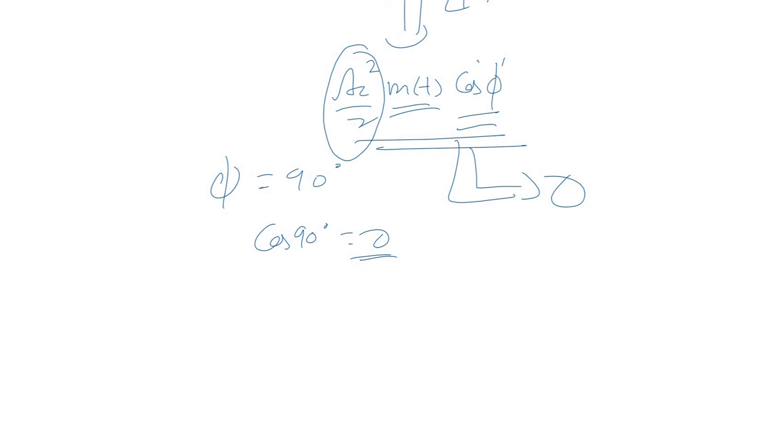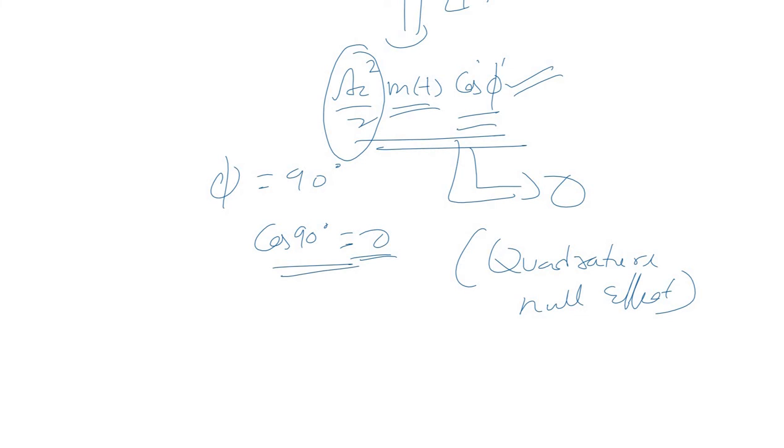That is total loss of the signal. This condition is known as the quadrature null effect, when there is total loss of the signal due to a phase error of 90 degrees. Hence we call it the quadrature null effect.